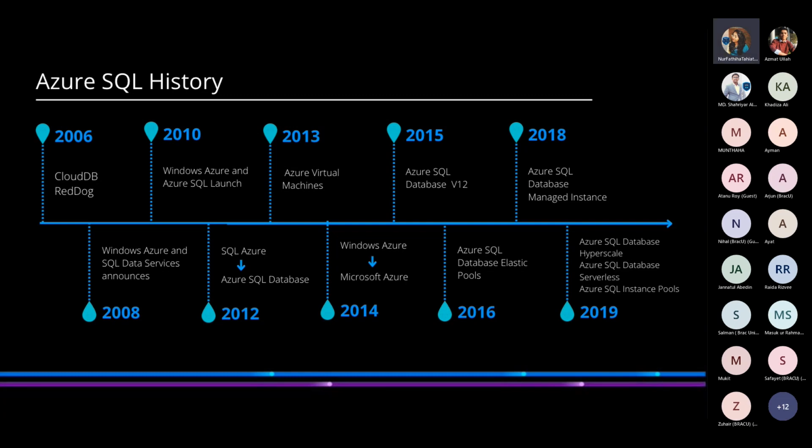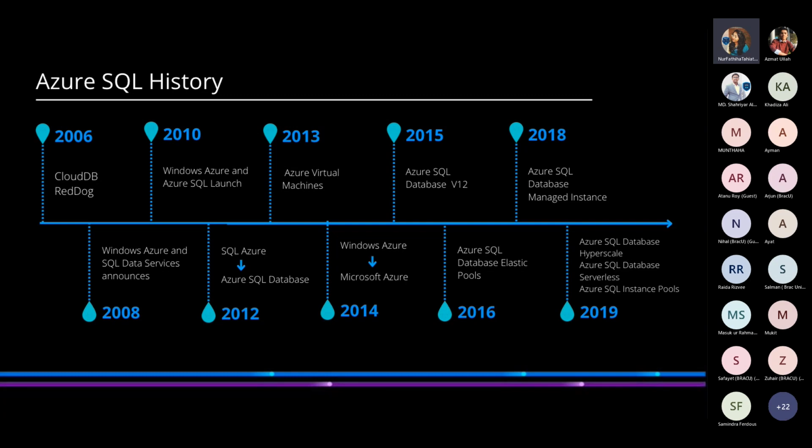Later on, in 2015, Azure SQL Database V12 was launched. This version was a huge landmark in the evolution of Azure SQL. V12 changed the architecture to provide resilience and performance underneath the covers.